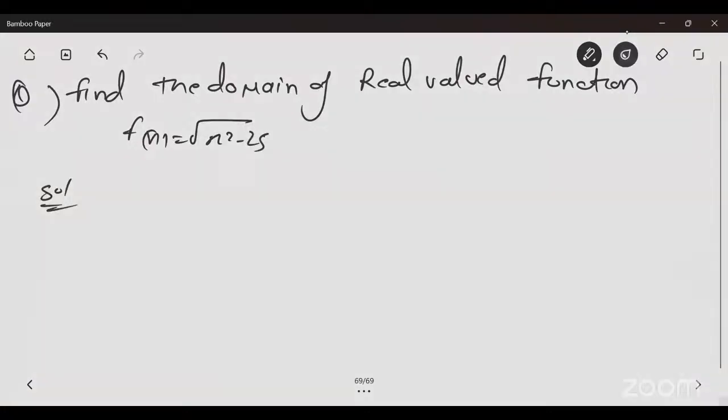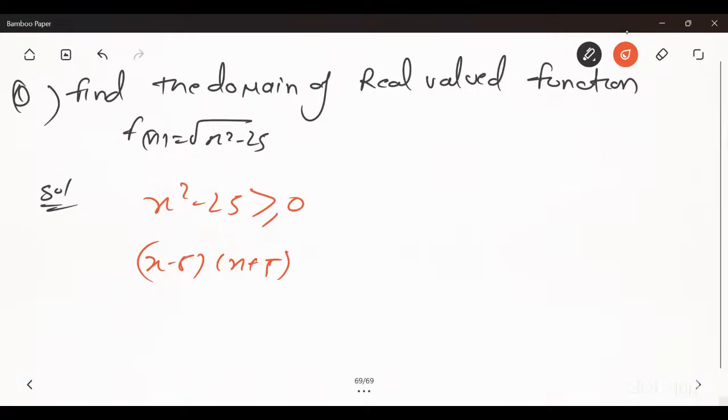So for real value, x square minus 25 is always greater than or equal to 0 because it does not take any imaginary value. So x minus 5 times x plus 5 is greater than or equal to 0. So you will get x belongs to minus infinity to minus 5 union 5 to infinity.